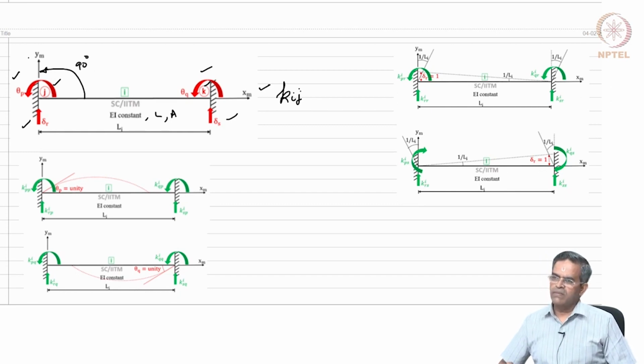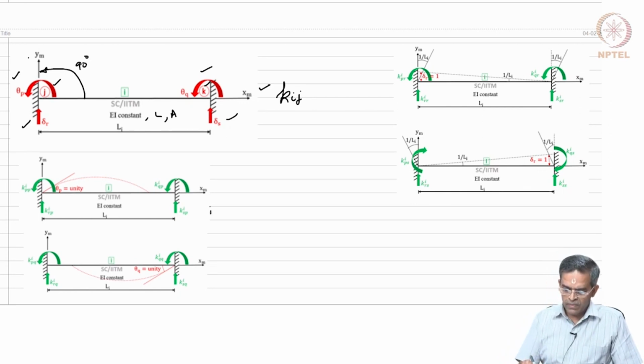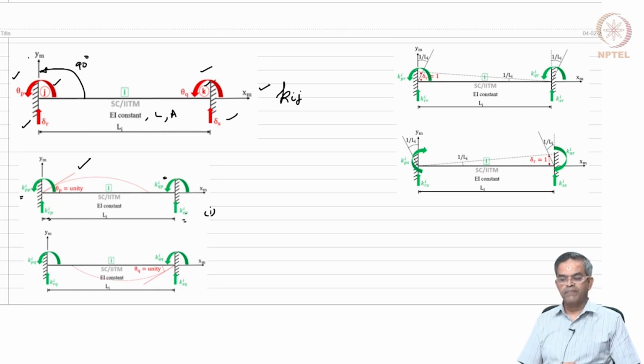We know this. Okay. So, what we did is, we gave unit displacement rotation in the pth degree and we marked these forces as Kpp, Kqp, Krp and Ksp.